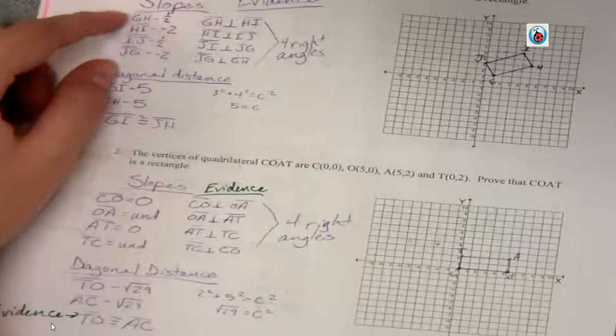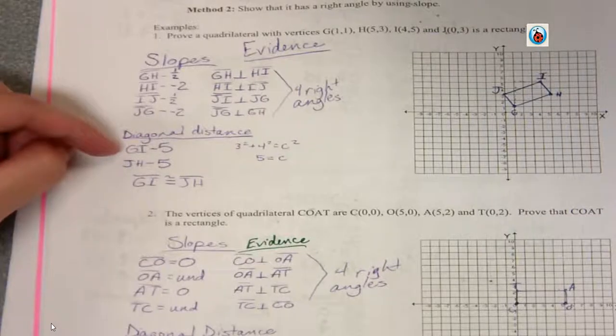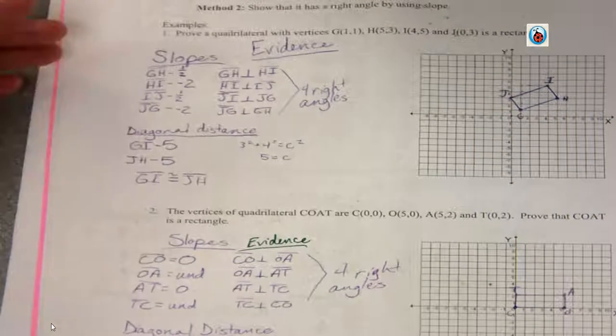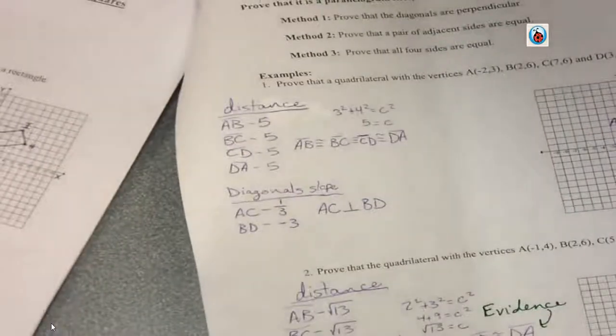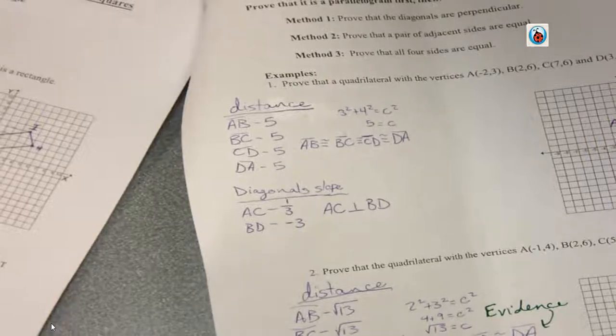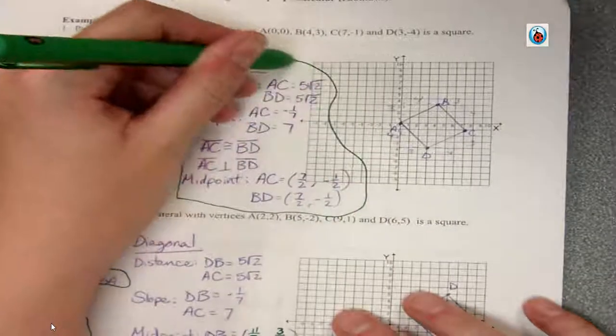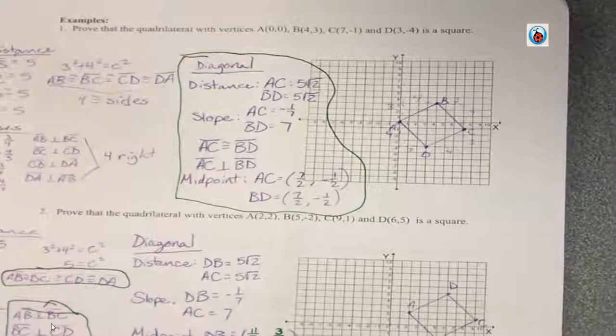For rectangles, you only have to show the slopes and the diagonal distance. That's all you have to do. Don't do more than you have to. For a rhombus, you only have to show the distances of the sides and the diagonal slope. For a square, you just have to show this stuff. Just know that when we get to the project, you have to show everything. Alright? That's all.